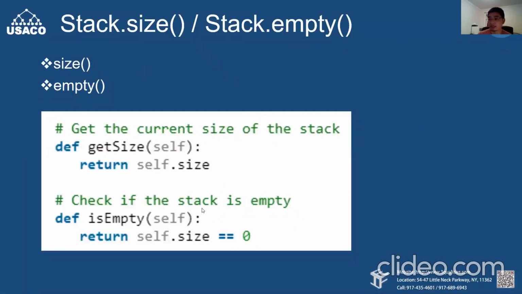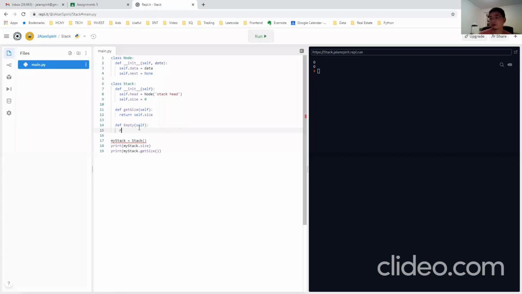Check if the stack is empty. I'm basically checking the size. Size equals to 0 or not. Right, Jeffrey? If the size equals 0, that means it's true. So here, I just return the result of the comparison between self.size, right?